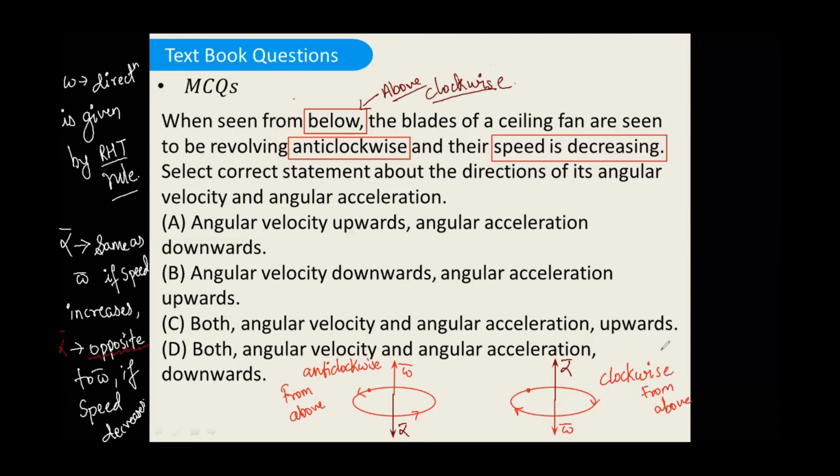So we will use the clockwise case now. In clockwise, omega is in the downward direction and alpha is in the upward direction. So what is your answer? Option B, very good. Option B is correct: angular velocity is in the downward direction and angular acceleration is in the upward direction.